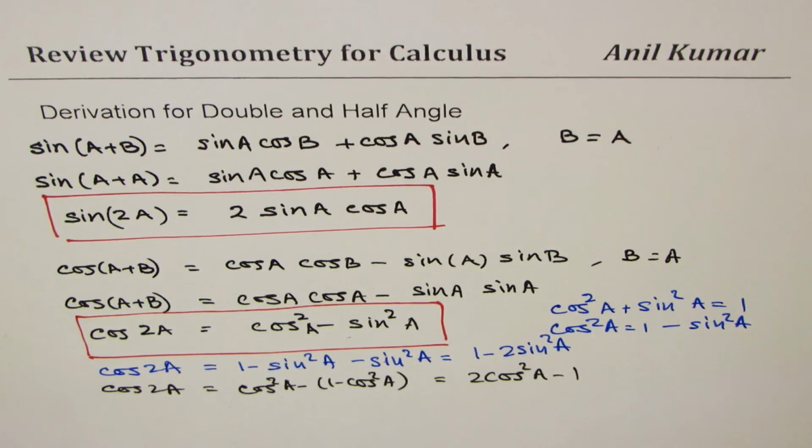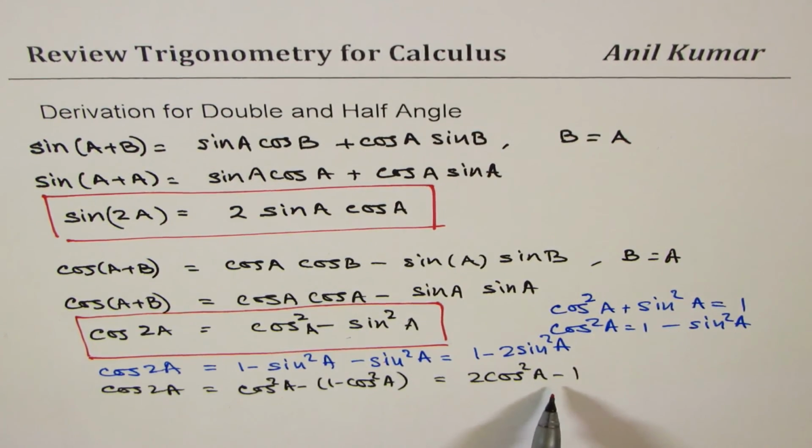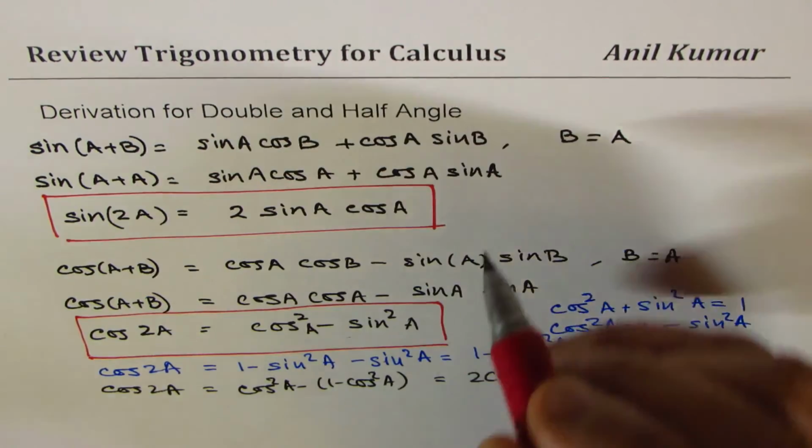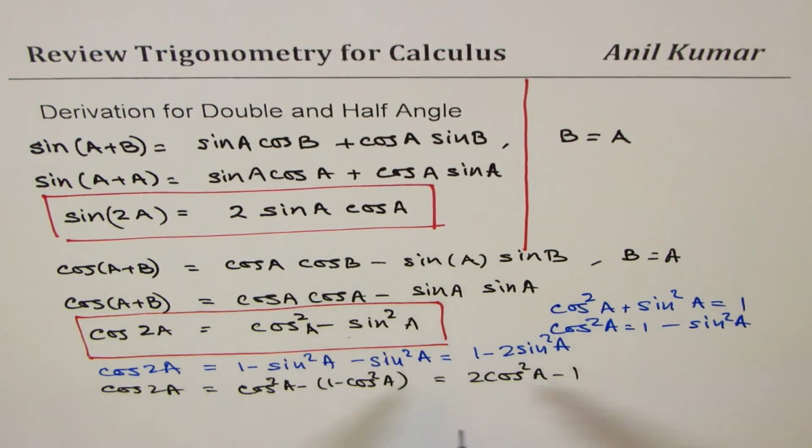Now these double angle formulas can also be written as half angle formulas. Let me show you how. So we have cos 2A equals cos square A minus sine square A. We have cos 2A as 2 cos square A minus 1, right? So let me use this space here to rewrite these formulas in a different way.